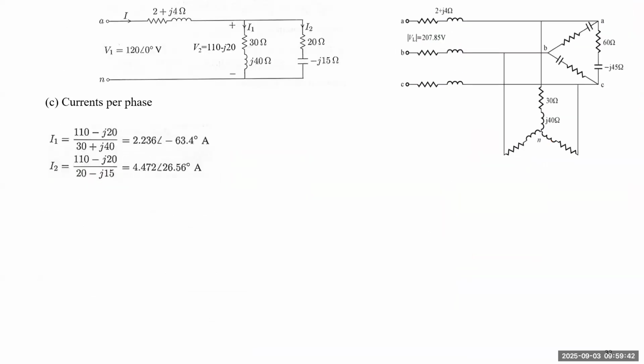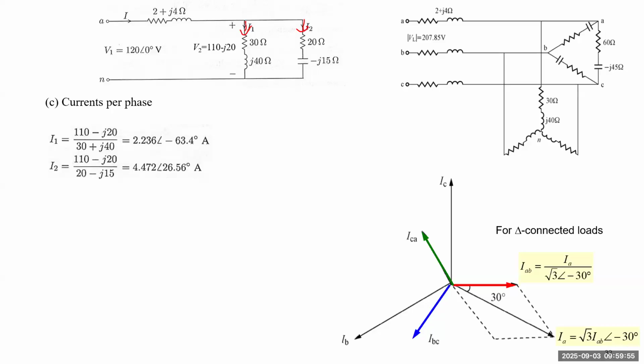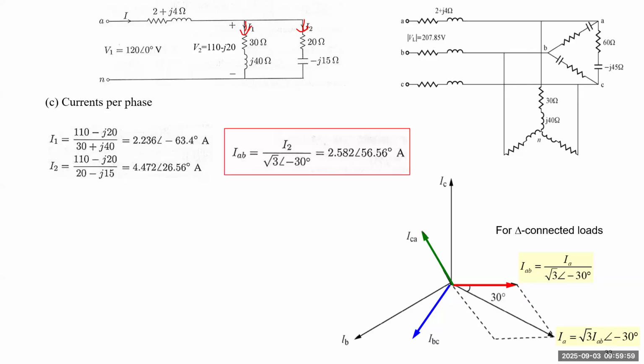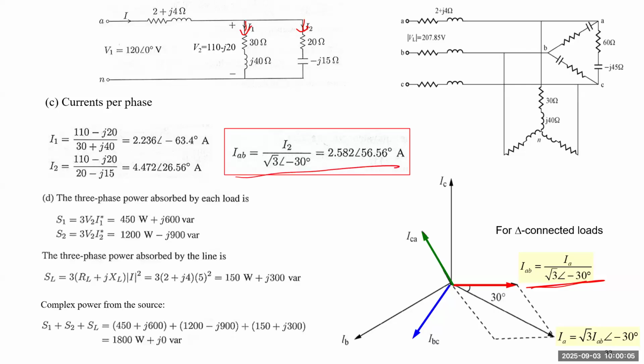So continue on this circuit. Next, we're going to calculate the current. So first we calculate each current on each load. And from the phasor diagram, we can calculate the line current. So we'll use this formula to calculate the line current.